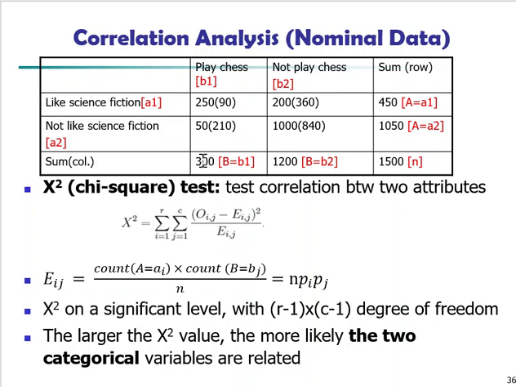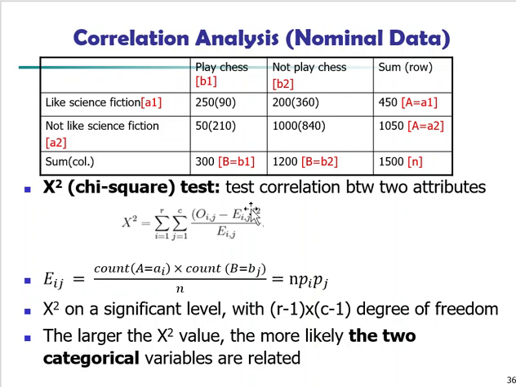This gives us the expected value for anyone who would play chess and like science fiction. We put it here. So for each data cell, using the same formula, we can compute the expected value.